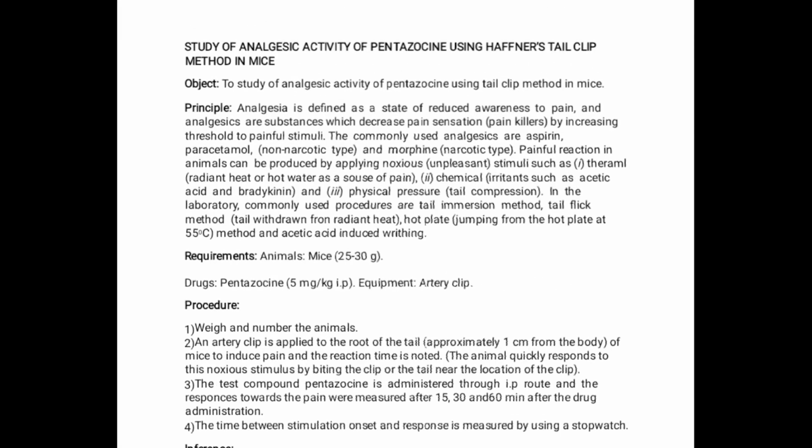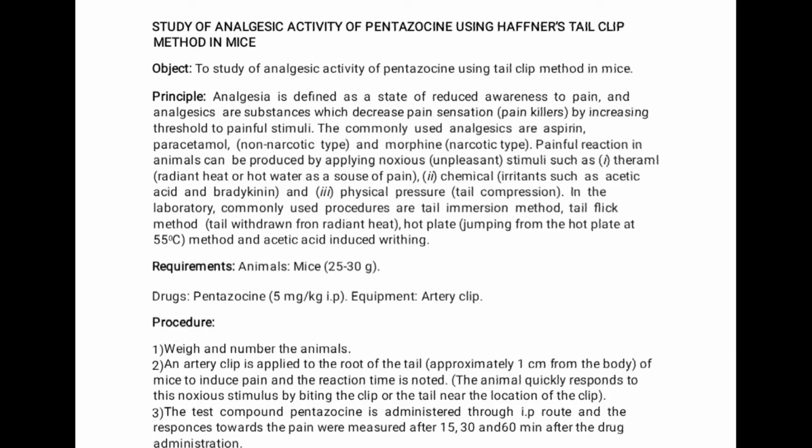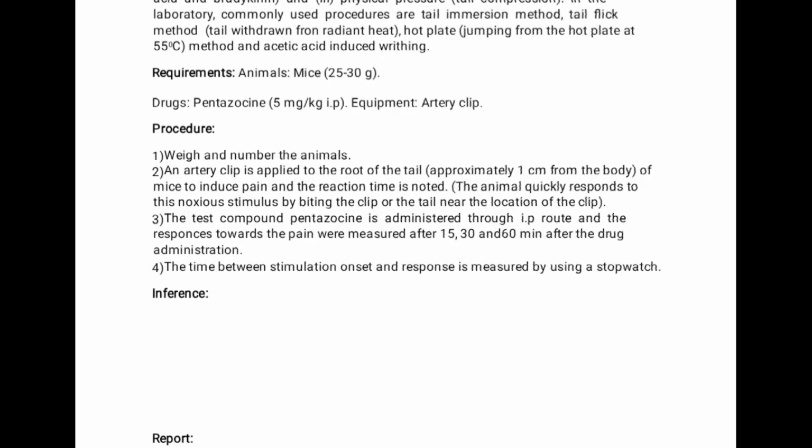Next we are going to see Haffner's tail clip method. This is a physically induced pain method. Here also we can use the drug pentazocine, which is non-opioid. We have to take two groups of animals. Haffner's clip is also called an artery clip. We weigh and group the animals. The artery clip is applied to the root of the tail, approximately 1 centimeter from the body of the mouse, to induce pain, and the reaction time is noted.